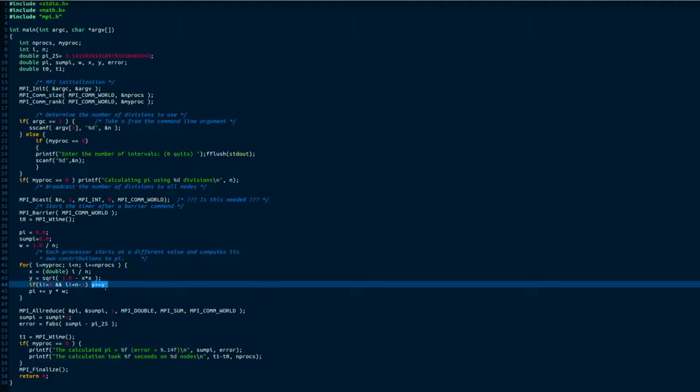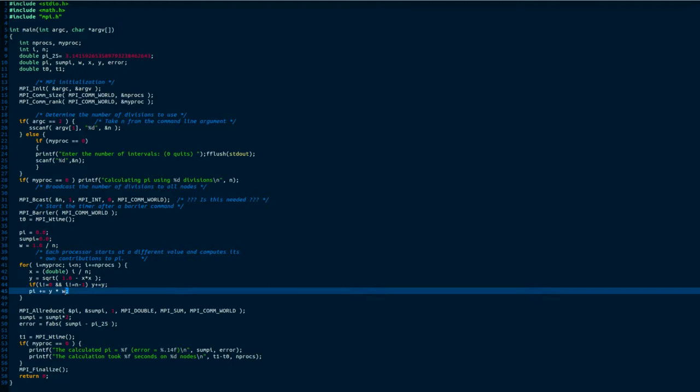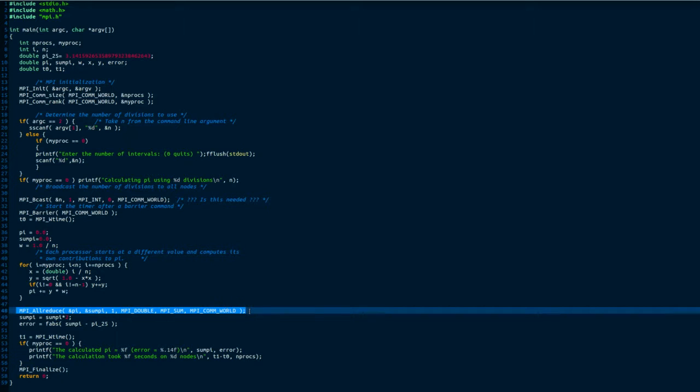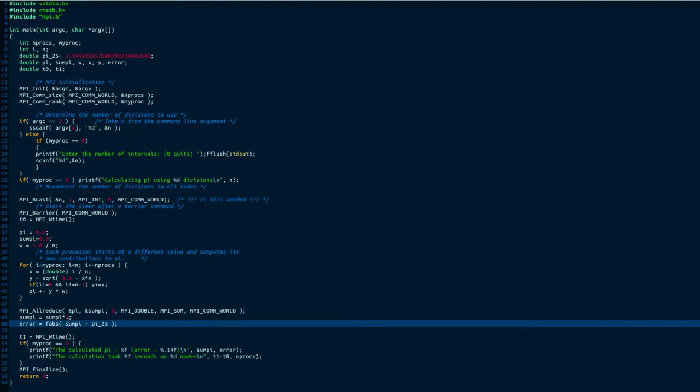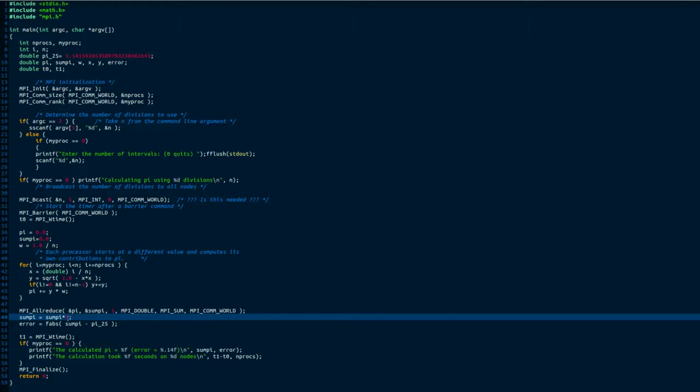And again, we reduce the partial sums of pi to a sum pi and multiply it. Be careful with this, we are not multiplying by 4, we're multiplying by 2. Why? Because if you remember, our formula was half of the sum. So we have a half, and for 4 we have just 2 times, not 4 times.